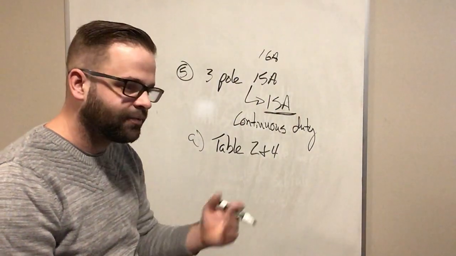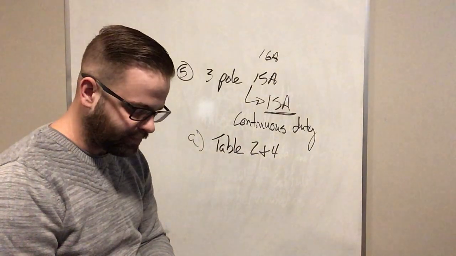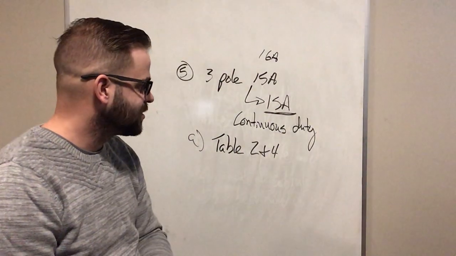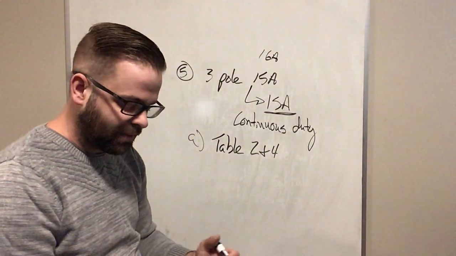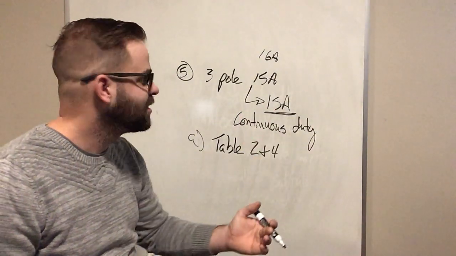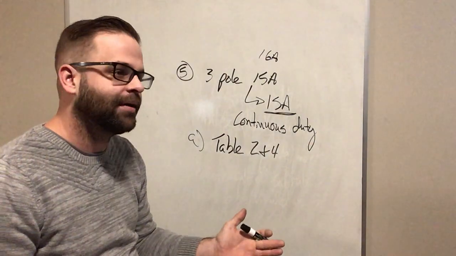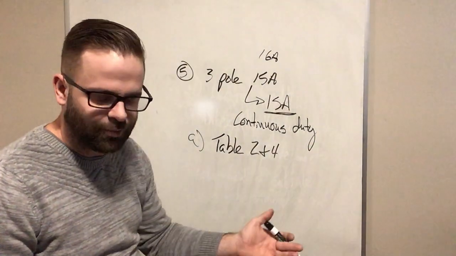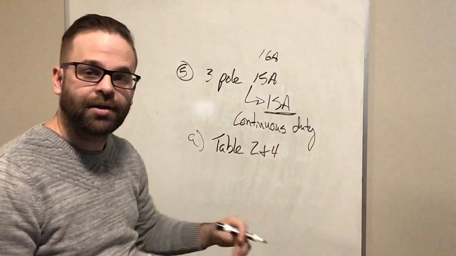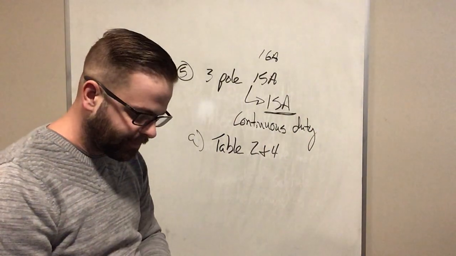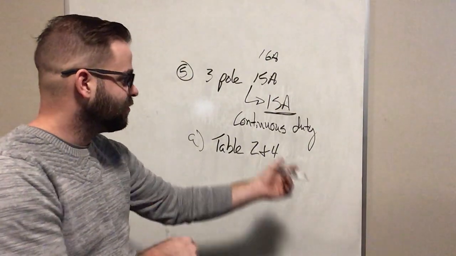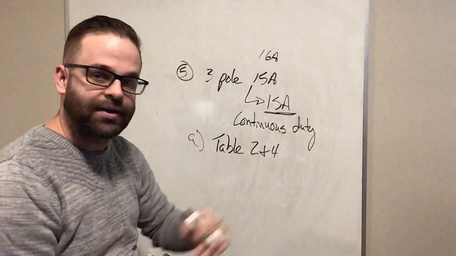So if my wire is rated for 15 amps as the maximum draw on it, I could put in a wire that was rated at 15 amps. But what I couldn't do is, maybe that wire is only rated for 14 amps. Obviously that wouldn't be a case, but let's say it was rated at 14 amps. I couldn't put in a 15 amp breaker because now I've exceeded the allowable ampacity of that wire. Because if that breaker can operate at 100%, I could see 15 amps going through that wire.